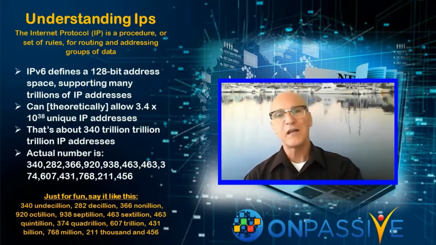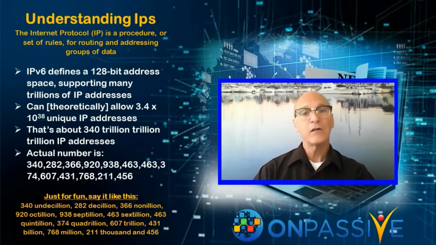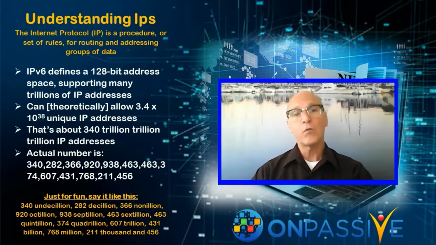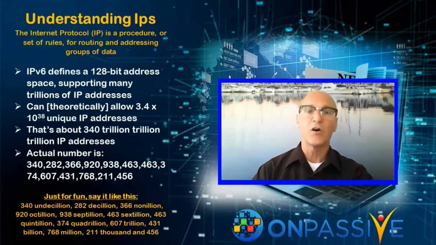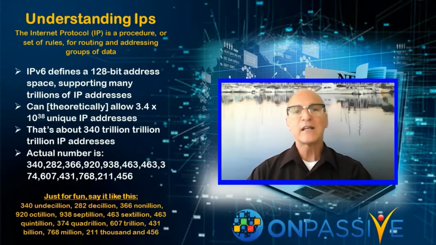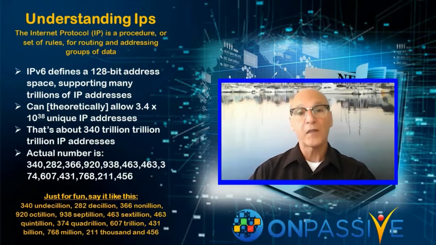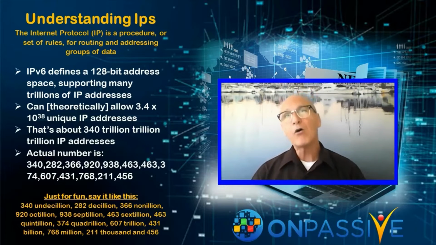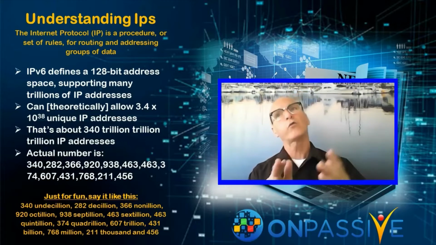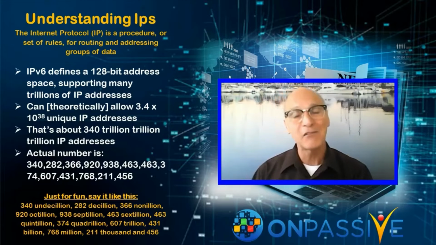Well, a black hat hacker is a criminal that will break into computer networks with malicious intent. So that's what that's about. And to get a good understanding of this number, 10 to the 38th power, you could read that as about 340 trillion IP addresses.